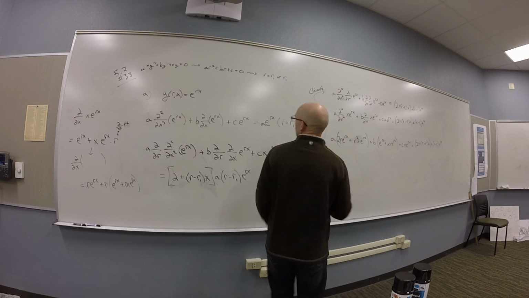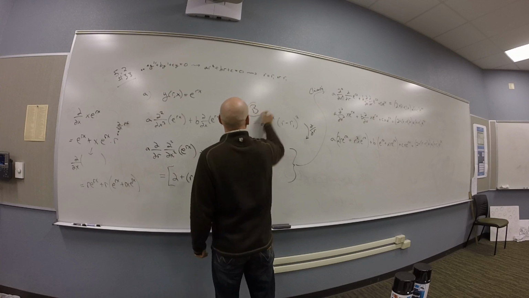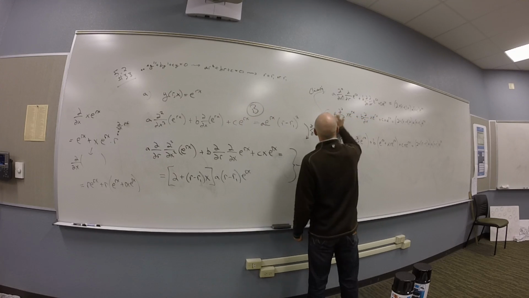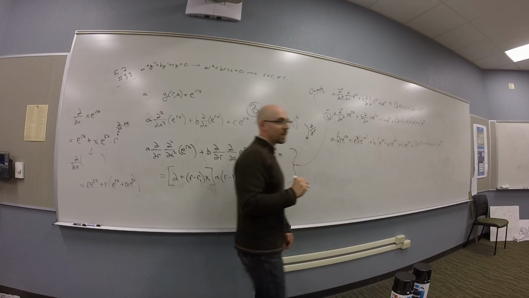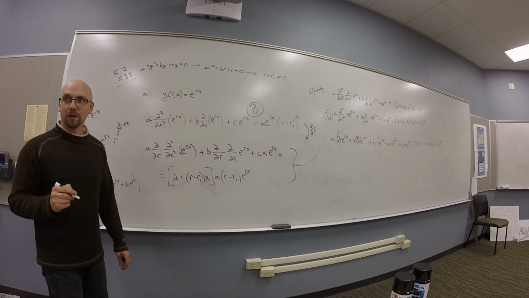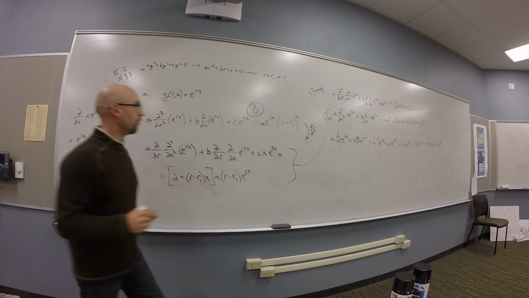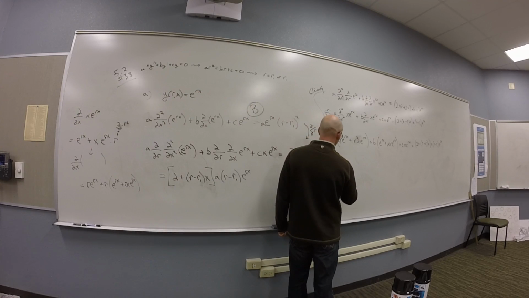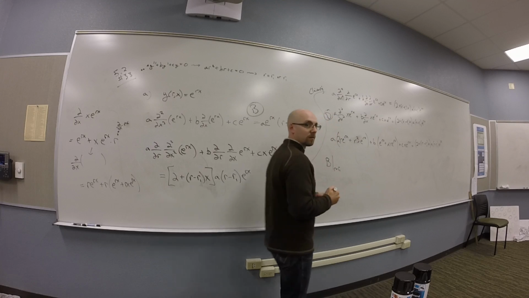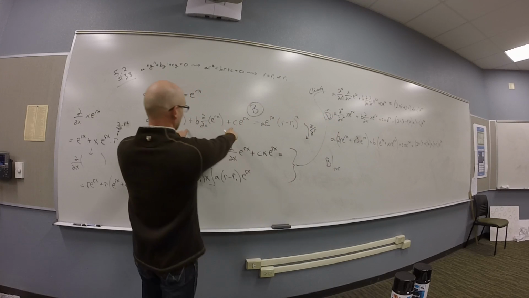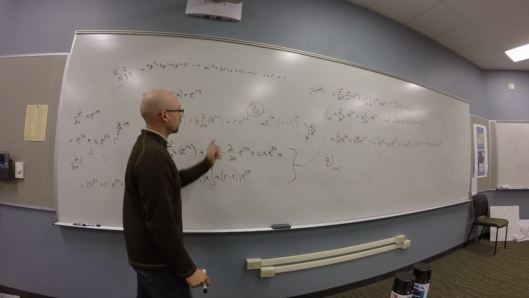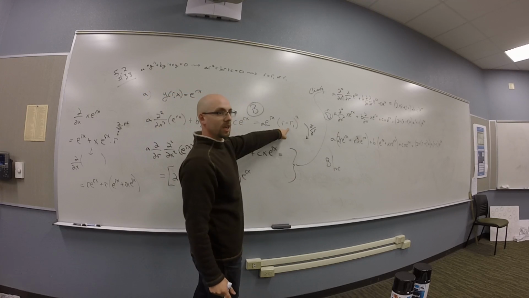Let me call this equation here B. This equation here is D. They told me set r equals r1 in both of those. So if I take B and evaluate at r equals r1, the whole thing is 0, so you get 0 on this side.